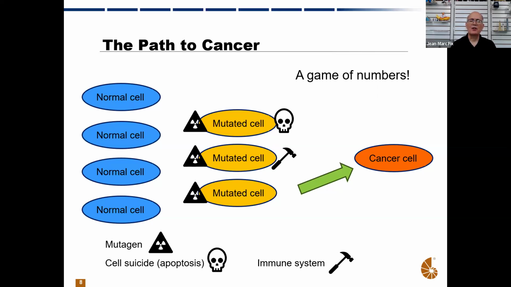And then if some cells don't commit suicide and manage to make it through, that hammer represents your immune system, which is extremely performant in getting rid of foreign bodies. The mutated cell is a foreign body, and it'll catch generally most of them, if not all of them. Unfortunately, some of the cells will escape, and as you age, you are exposed to more and more mutated cells and more mutagens, and therefore the chances of you getting, unfortunately, a lucky winner cancer cell will increase.